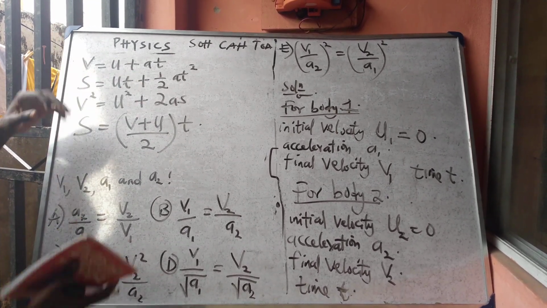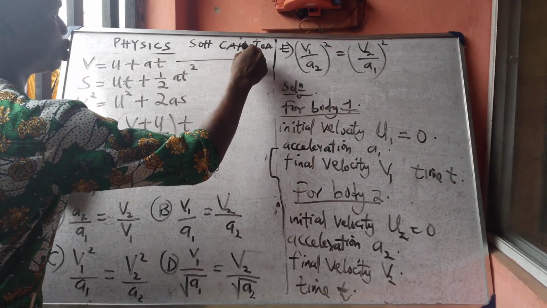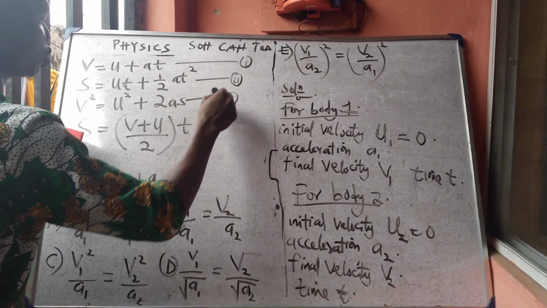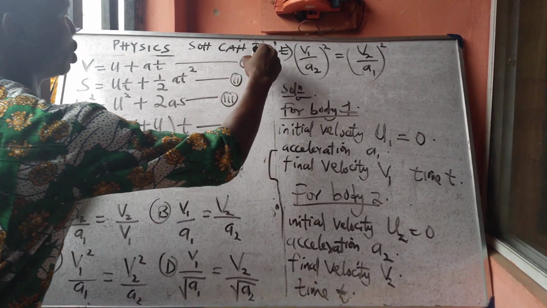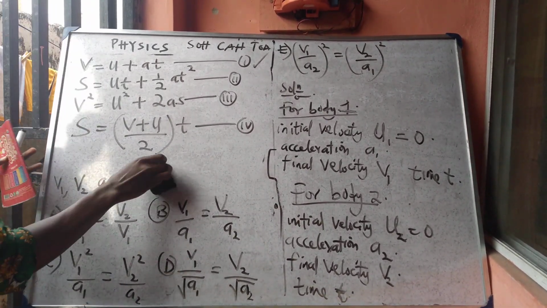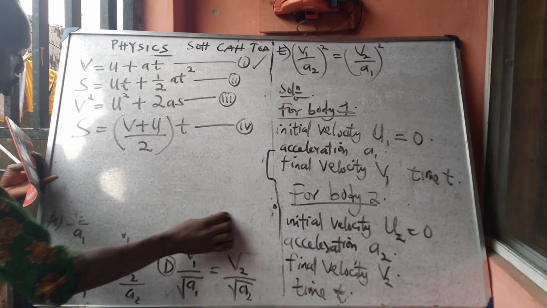The equation which will work is equation 1, the first equation of uniformly accelerated motion. So we'll apply equation 1 to body 1 and body 2, and we'll see what we get.